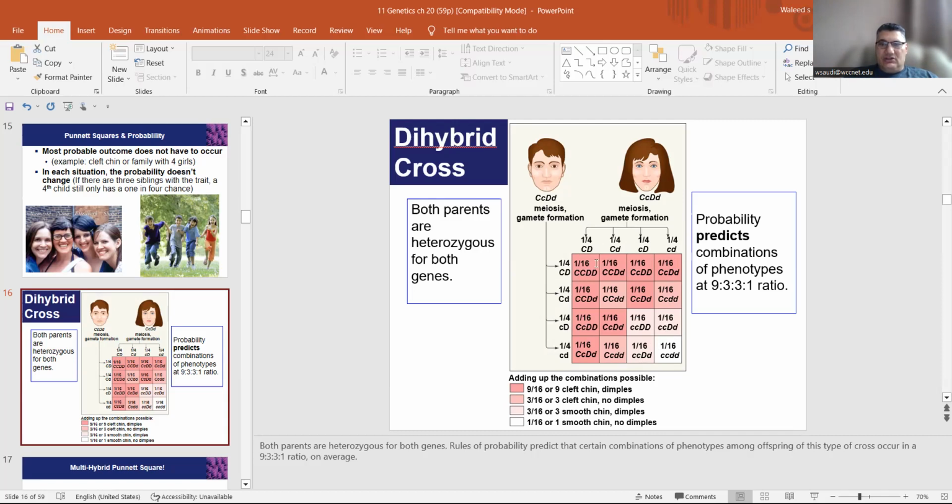If you count 1, 2, 3, 4 by 4, that's 16. Only one of 16 will not have anything. And then 3 smooth with dimple, 3 cleft with no dimple, 9, which is the major part, will have cleft chin and dimple, both of them, because both of those are dominant.